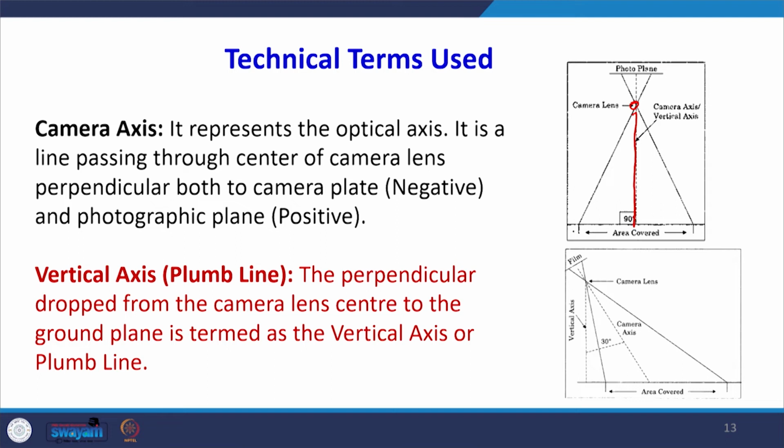There is one photo plane and one camera plane. The vertical axis basically indicates the direction of the plumb line. The perpendicular you drop from the camera lens center to the ground plane is called the vertical axis or the plumb line. So, the camera axis, vertical axis and plumb line all three will coincide in the case of a truly vertical photograph. If the photograph is truly vertical, they will all be the same.